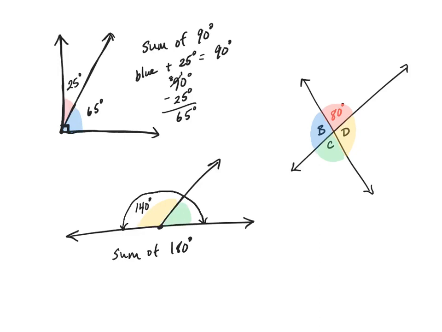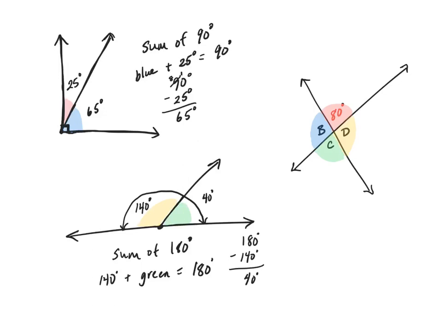So I can take the yellow angle that I know, add it to the green angle that I do not know, and I should get 180 degrees. Just like before, I can solve this by taking 180 degrees, subtracting the angle I know, 140 degrees, and I'm left with my missing angle of 40 degrees.